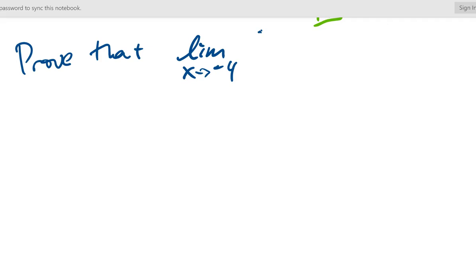All right. So prove that the limit as x goes to, let's say, -4 of 2x plus 5 is equal to, this is -8 plus 5, is -3.